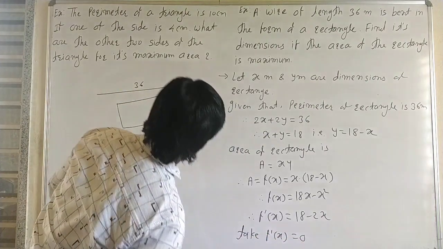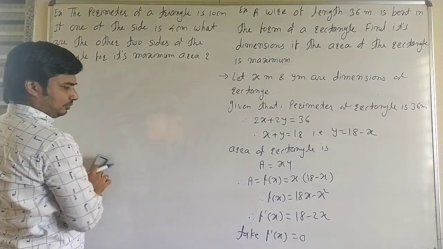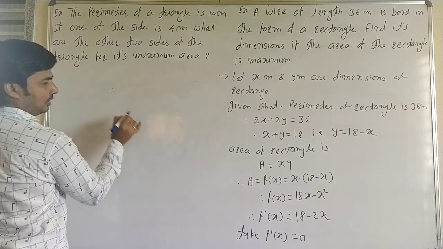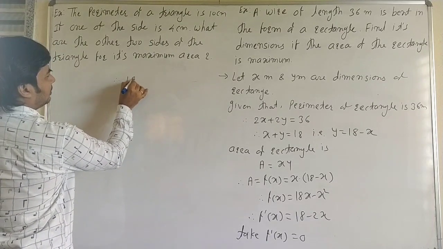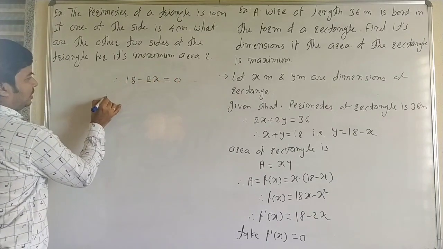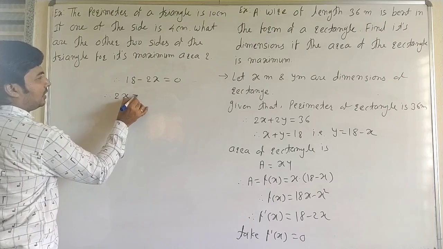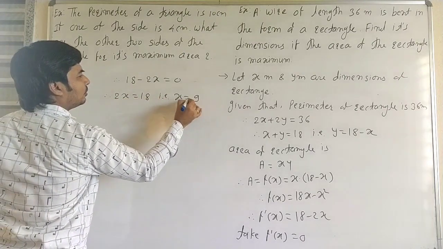Therefore 18 minus 2x is equal to 0, so 2x is equal to 18, that is x is equal to 9.